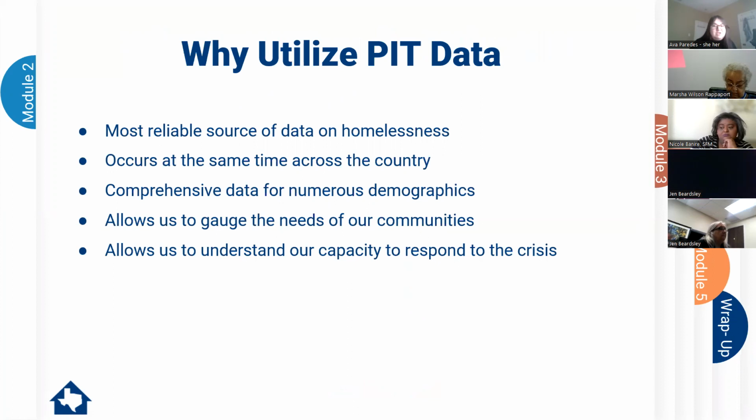It provides a snapshot of homelessness not only within our communities, but across the state and across our country. And because of this unilateral participation from several communities throughout the geography of the Texas Balance of State COC, we're able to use this concerted effort to gather a data set of numerous demographics that we're going to go through a little bit later.